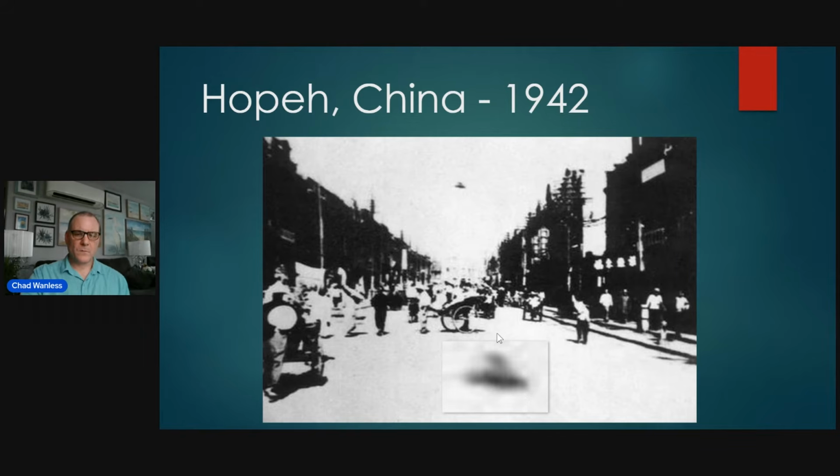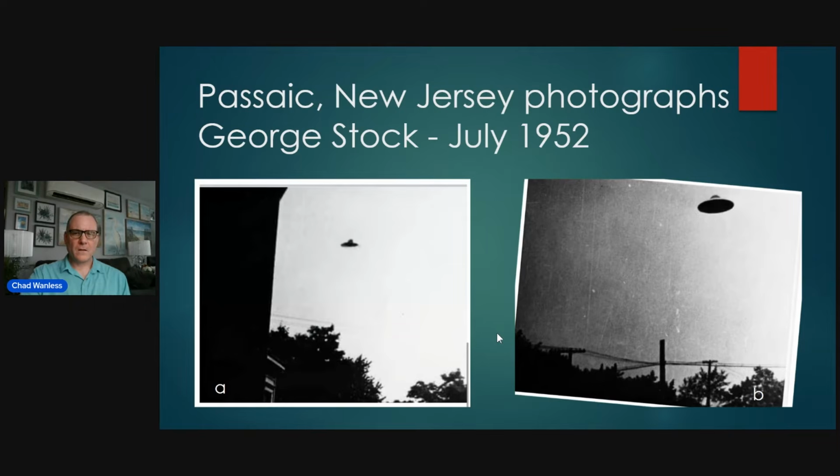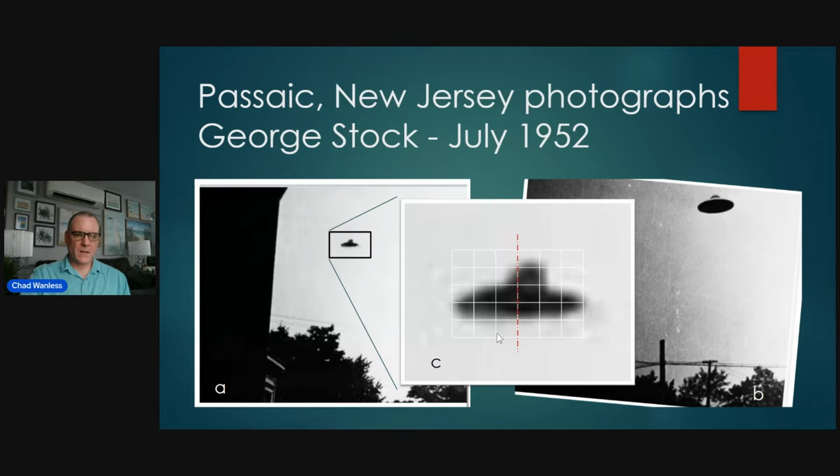In the blow-up, you can clearly see the left-hand side of this disc is pushed in and upwards. There's a 1952 photo from Passaic, New Jersey, taken by George Stock. There are 5 photos; I'm showing 2 here, A on the left, and I've blown it up for C.